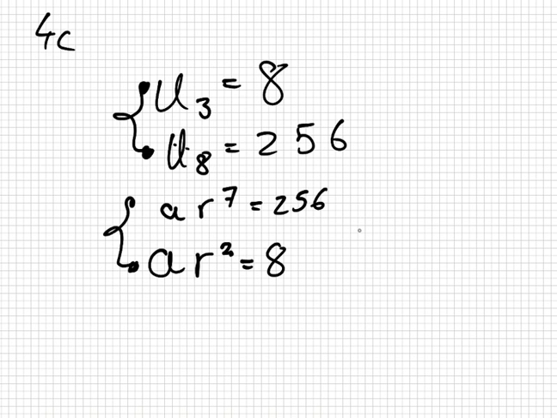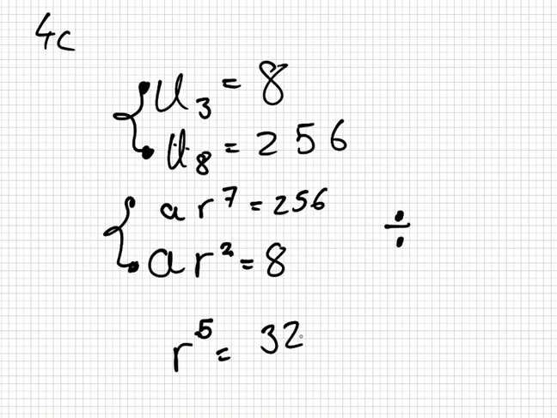We can add or subtract equations in the elimination method. Remember, elimination method, we add or subtract. You can also multiply or divide. So we will divide these equations. A divided by A, 1. Or r to the 7 divided by r squared, or r to the 5. And then 256 divided by 8, 32.